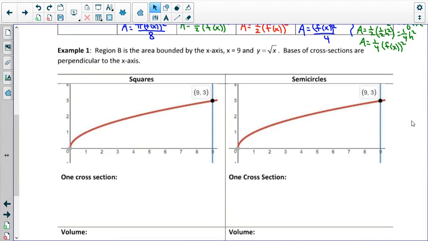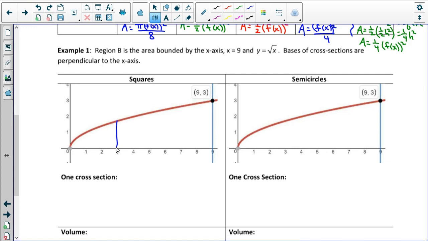Okay, some examples. So if our cross-sectional areas are all squares, basically what's happening is I will have a cross section perpendicular to the x-axis.